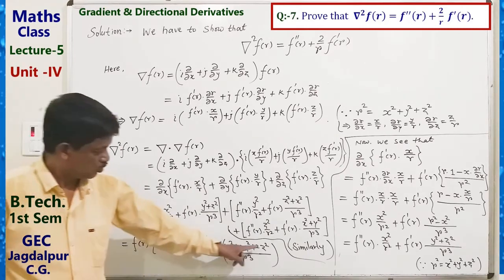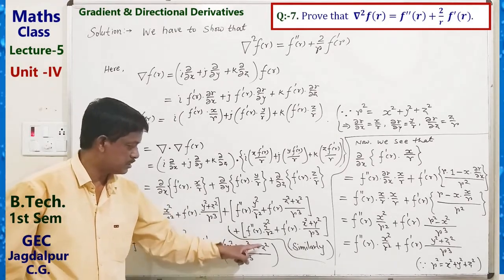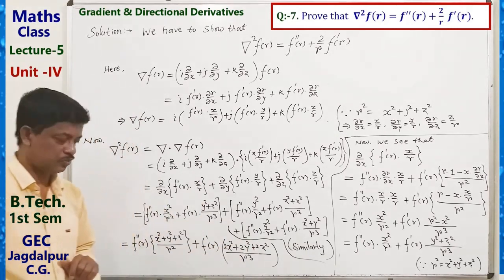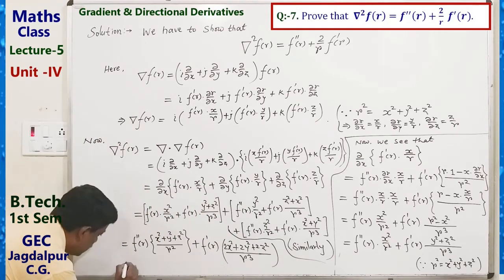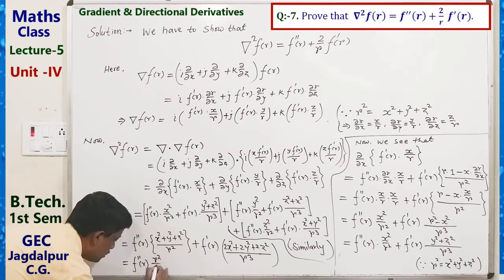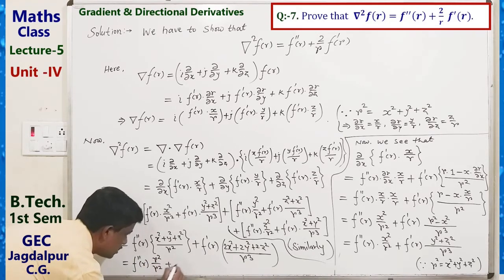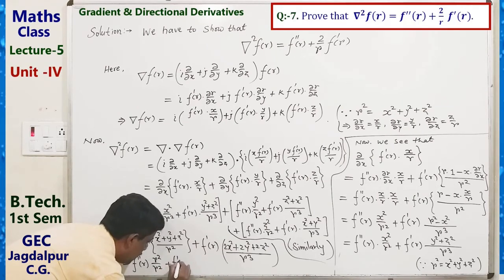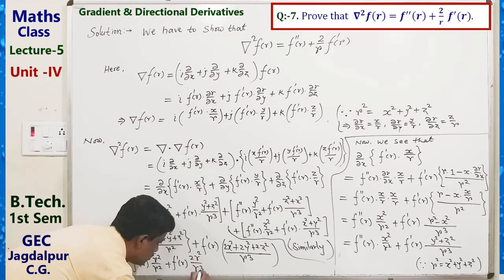Clear? Now 2 can be taken common, giving r square by r cube. So we get f double dash r times r square by r square plus f dash r times 2r square upon r cube.